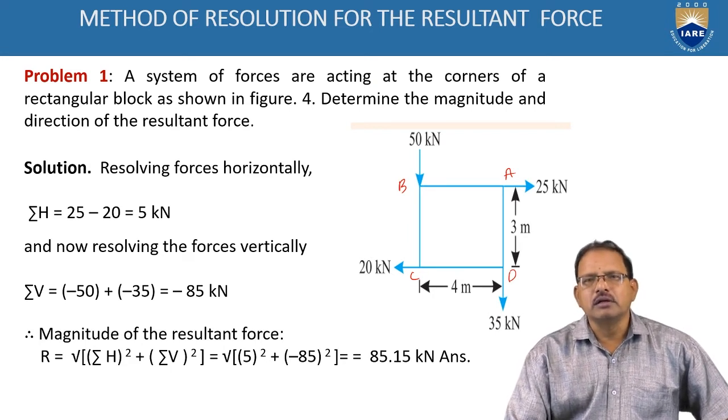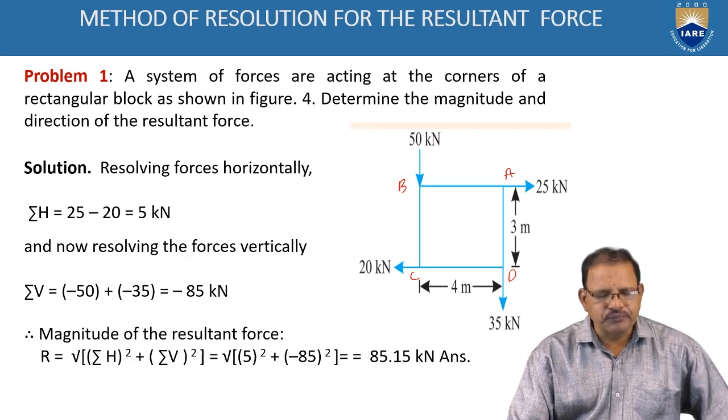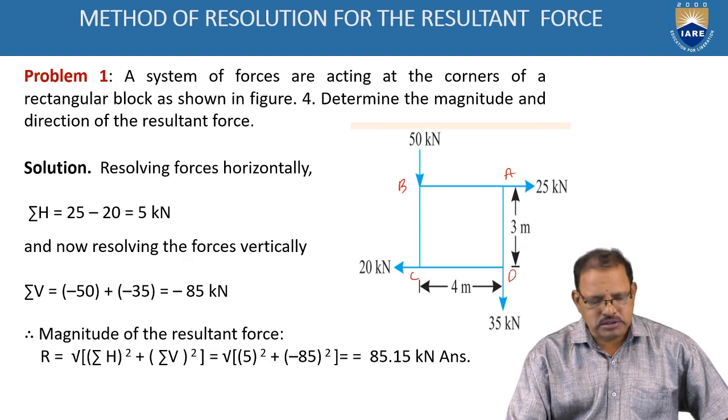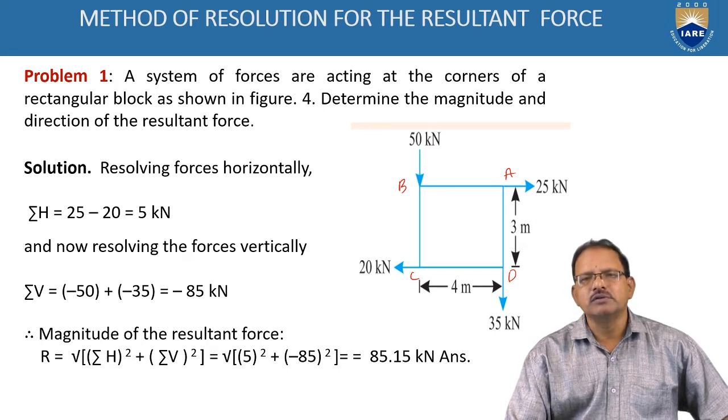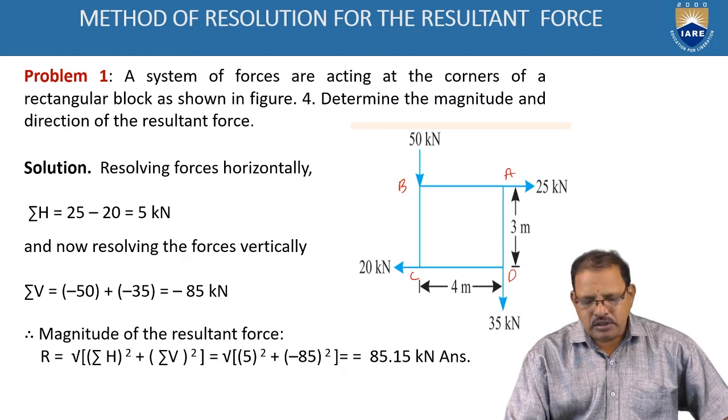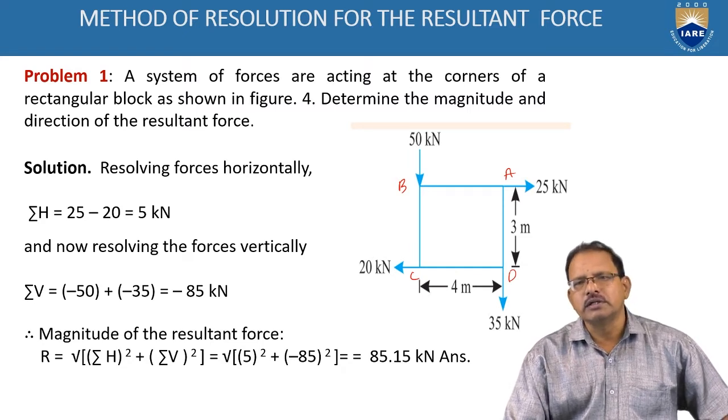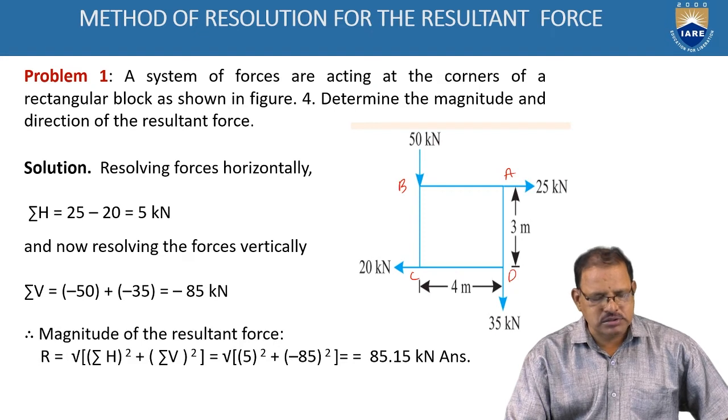So the sum of the horizontal components is equal to 25 minus 20, which is equal to 5 kilonewtons. In this case, the forces acting toward the right side are treated as positive, and the forces acting toward the left side are treated as negative.